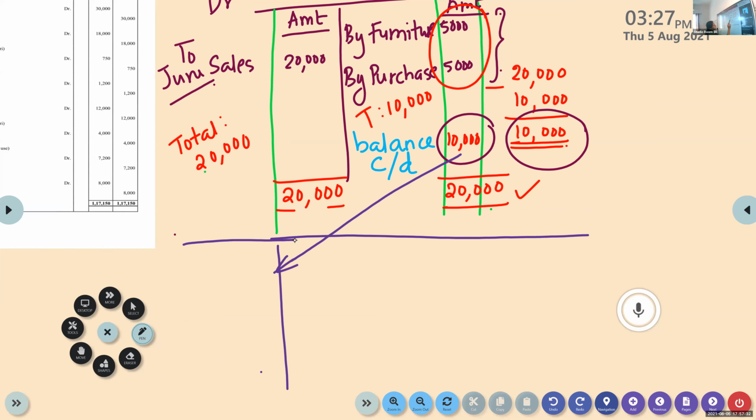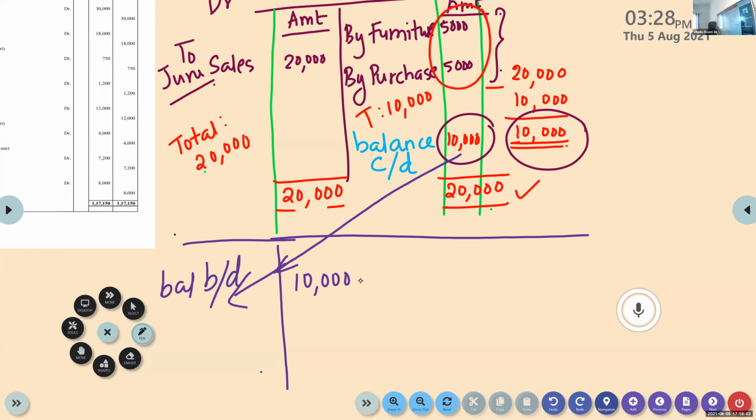The balance carried down, you can see, is on the credit side. In the next month, we will bring this to the debit side. And we will write balance brought down, BD, in the particulars column, and write the amount 10,000.